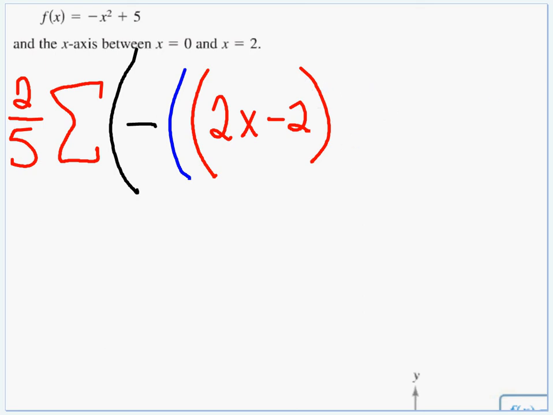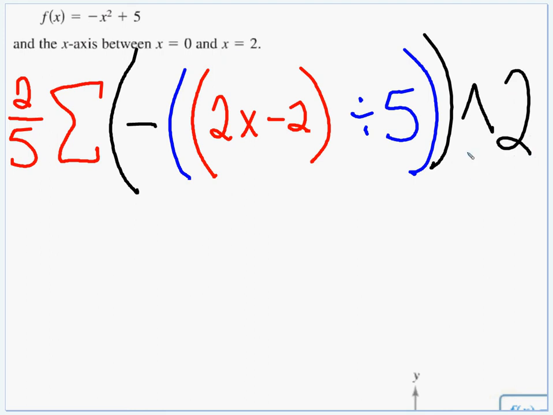Divide by 5, close the blue parenthesis, and then close the black parenthesis, up caret squared. That's our squared quantity. And I'm going to sneak down here, and we're going to have plus 5.